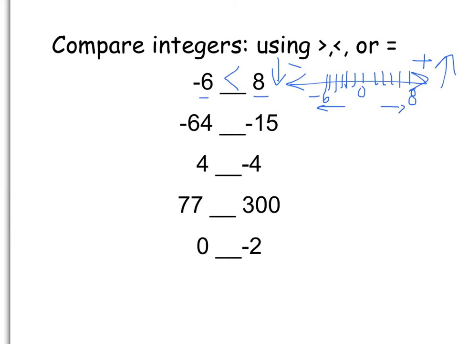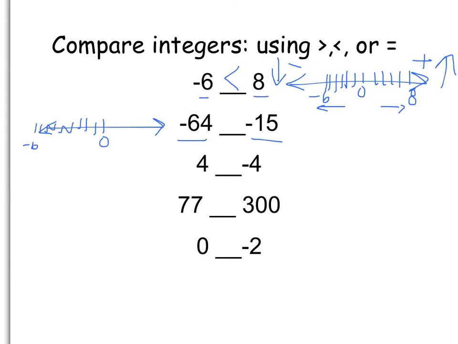Now you're going to notice a pattern that every single time you do this, the positive number is always going to be bigger than the negative number. You don't have to draw a number line every single time. It's just really helpful when it's hard to compare. This second one's a little bit trickier to compare because they're both negative numbers. And since negative numbers are new to us, it might be a good idea to draw that number line. We've got 0, and the -64 is going to be way down here.